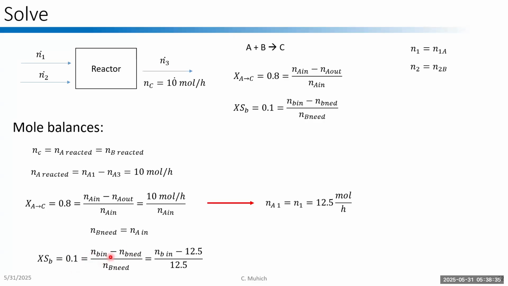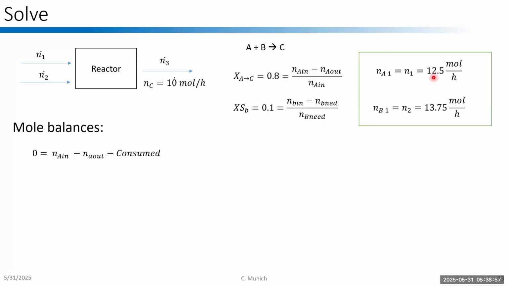I have N_B in minus N_B need over N_B need. Well, I know how much N_B I needed because I know how much N_A came in. So I can plug in that definition and we can find out that we have 13.75 moles per hour of B flowing in.